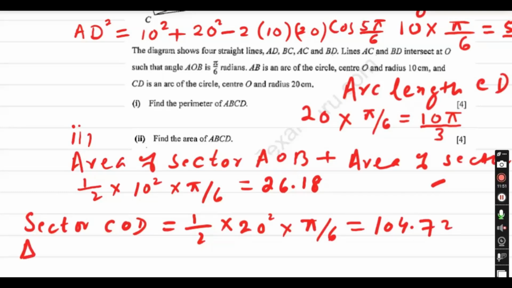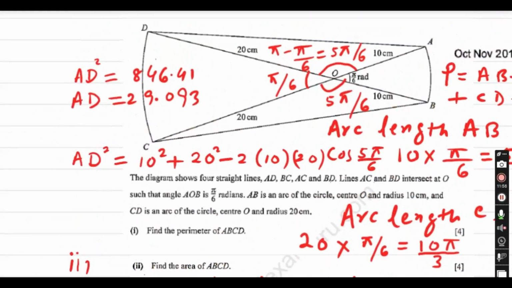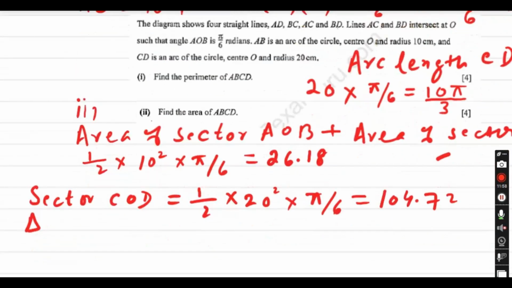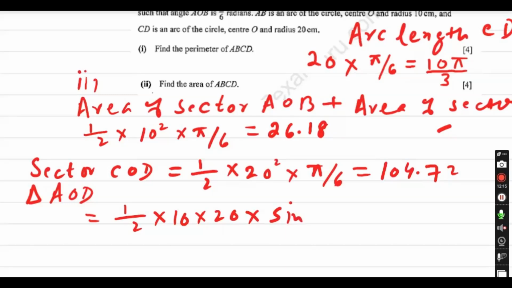Area of triangle, the third part. Area of triangle AOD. The area of a triangle is half into first side, that is 10, into second side, that is 20, and sine of the angle.